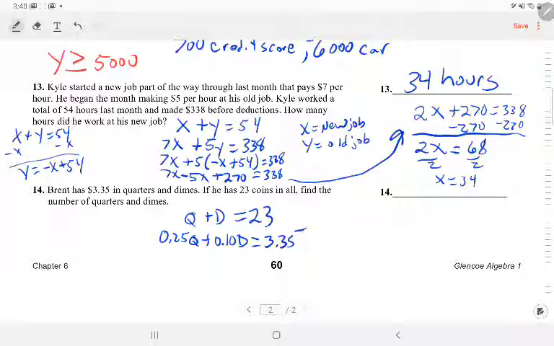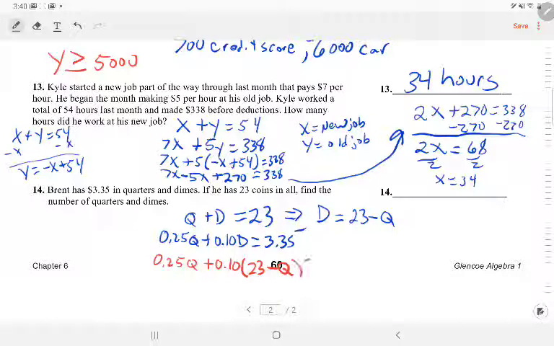So we can change this one to, if we subtract a Q from both sides, D equals 23 minus Q. Okay? So we're getting too much blue. Let's change colors. So let's substitute it in. We would get 0.25Q plus 0.10 times 23 minus Q equals 3.35.